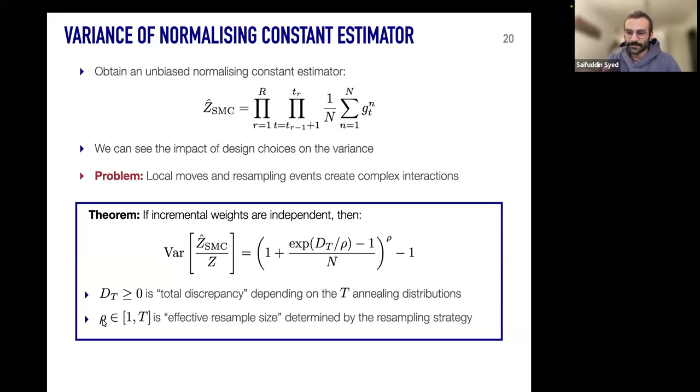So regardless of the resampling strategy and the times at which it is triggered, you can ask what the effective number of resampling moves is, if I trigger them at optimal times. So rho depends on the efficiency of the resampling strategy itself.